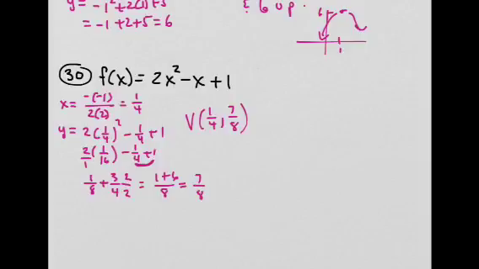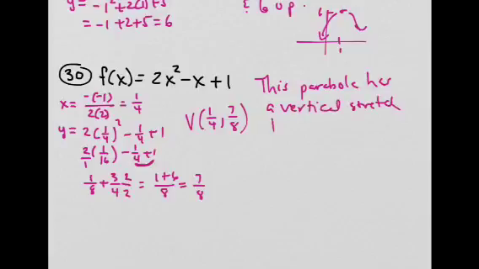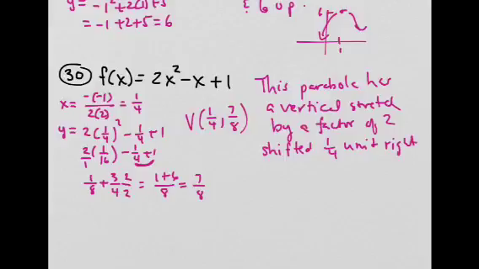So this one is going to be f of x, you could say this parabola has a vertical stretch by a factor of 2, and then shifted 1/4 unit right and 7/8 of a unit up, compared to y equals x squared.